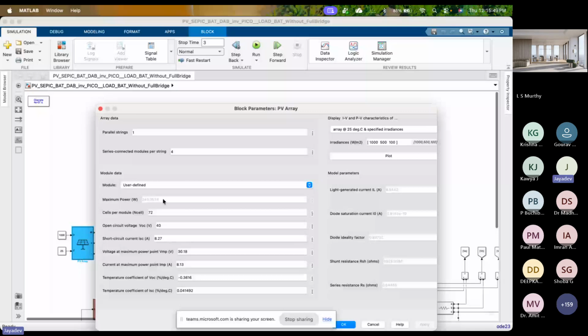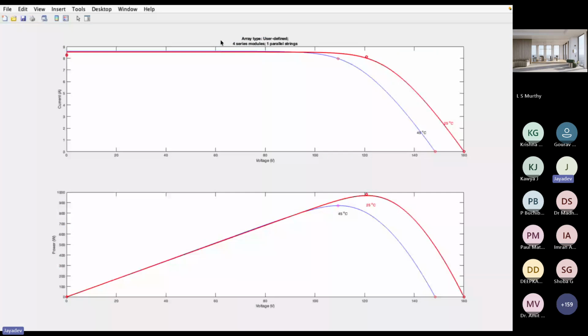If you plot this at 1000 watt per meter square and the specified temperature, we'll get the PV curve, both PV and IV curve. We'll see at this point, this system will give 981.45 watts at maximum power at 120 volt, and at that time the current will be 8.13 amperes.